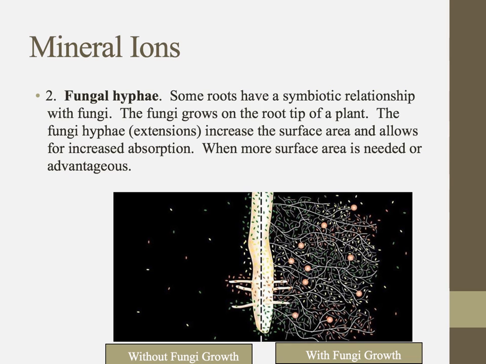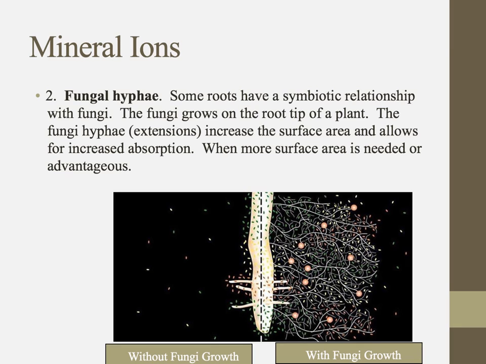The next is going to be through those really cool symbioses that many plant roots have with fungi. So here's just a naked plant root. I see some root hairs, but it's only able to absorb things at its surface, like all along here.